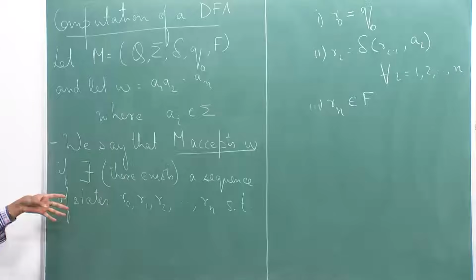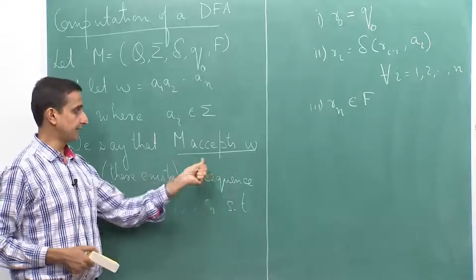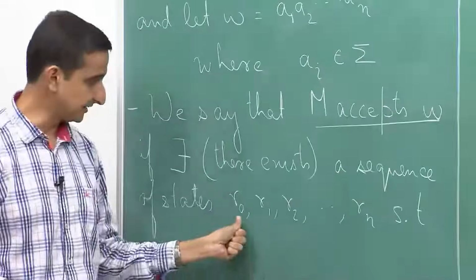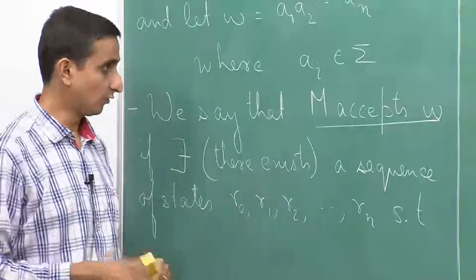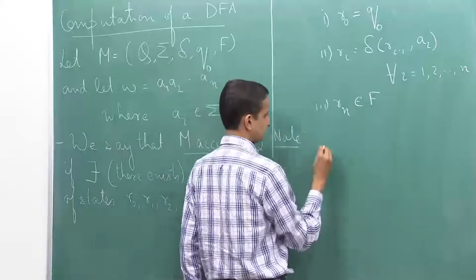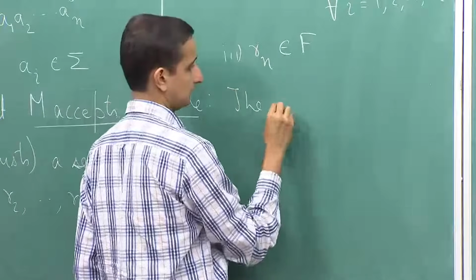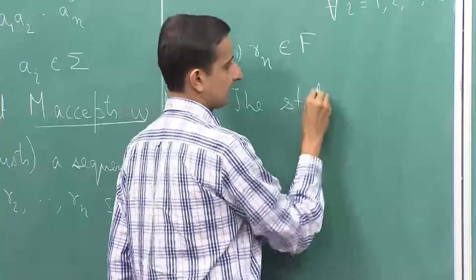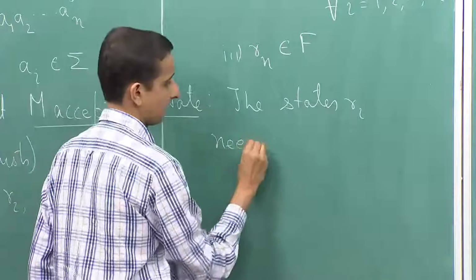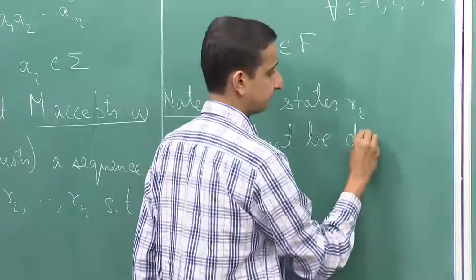So, this is just a formal way of saying what it means to say that a DFA M accepts a string W. So, DFA M accepts a string W if there is a sequence of states, okay, and note here that the states Ri need not be distinct.